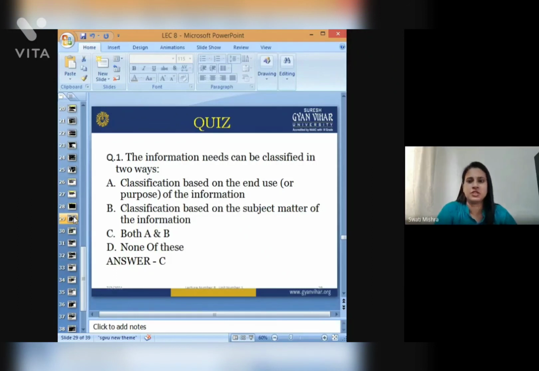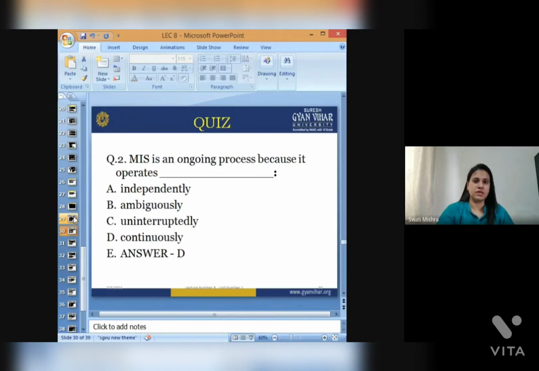The information needs can be classified in two ways. A, classification based on the end use or purpose of the information. B, classification based on the subject matter of the information. C, both A and B. D, none of these. And the answer is C, both A and B.